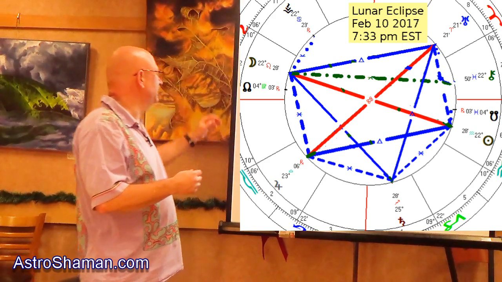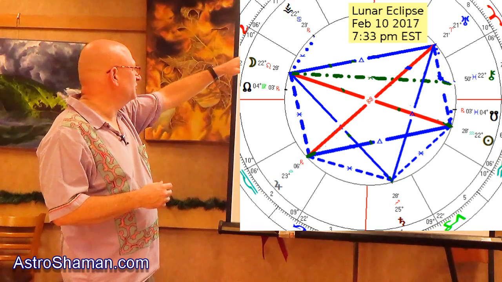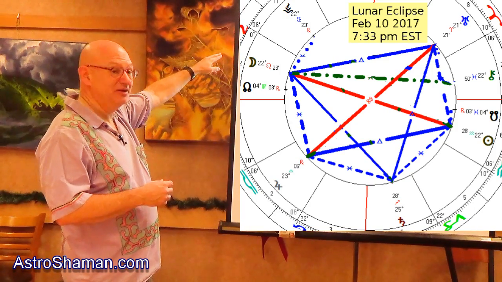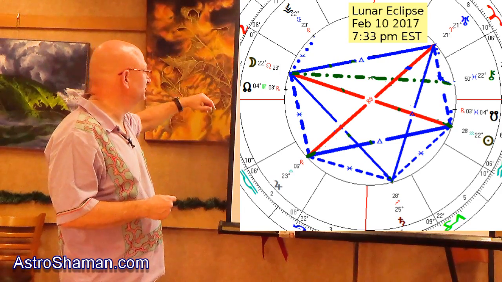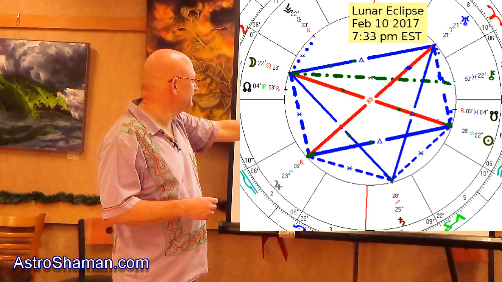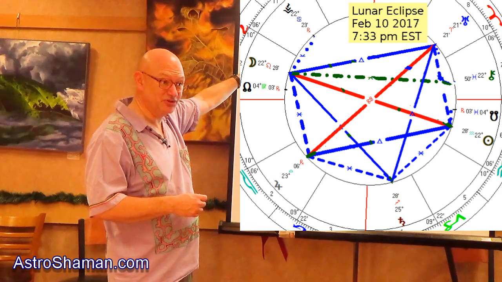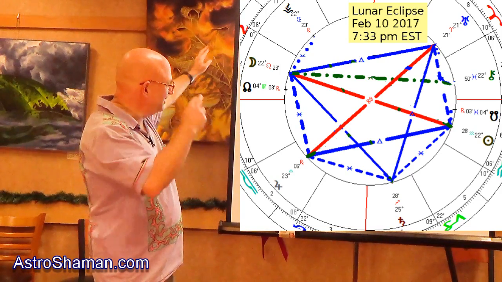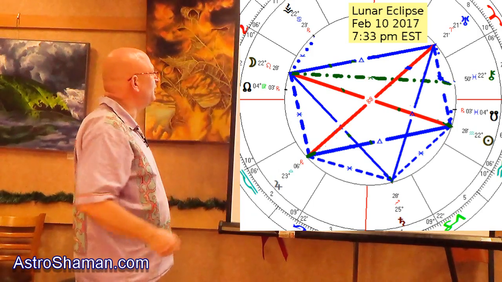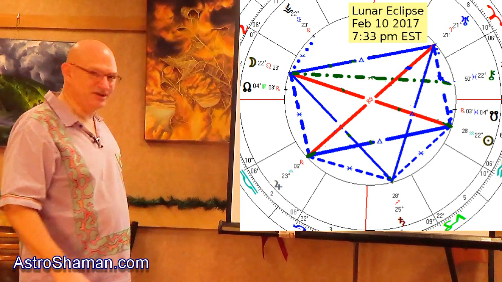To keep it simple, let's just say we've got Uranus flowing revolutionary change, intuitive flashes, how you can make these adjustments or releases. We've got Saturn trine, giving comfortable structure to do that with. We've got Jupiter expanding. So looking at the overall flow of this lunar eclipse, it looks really harmonious.